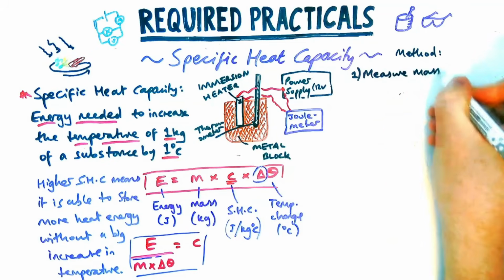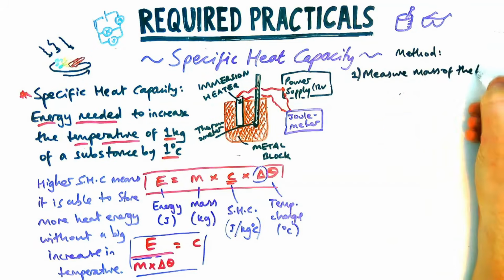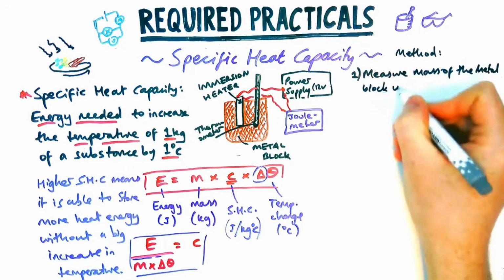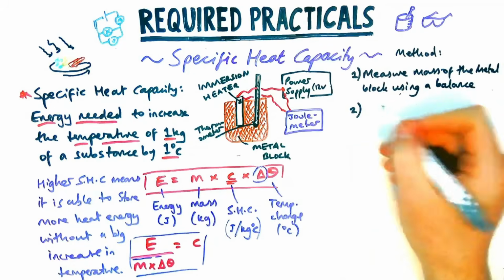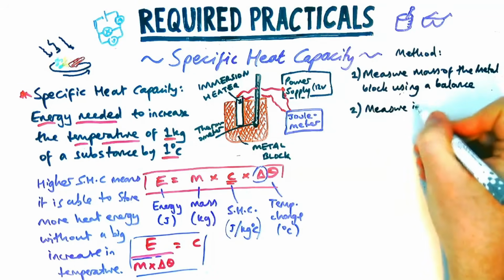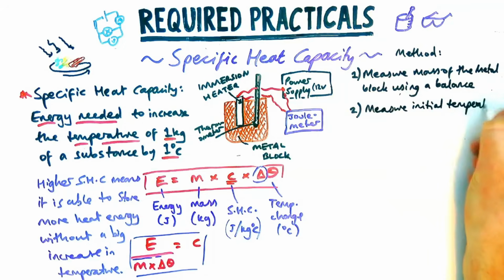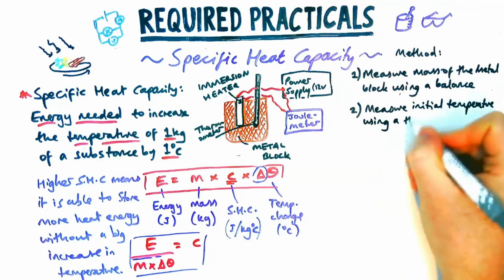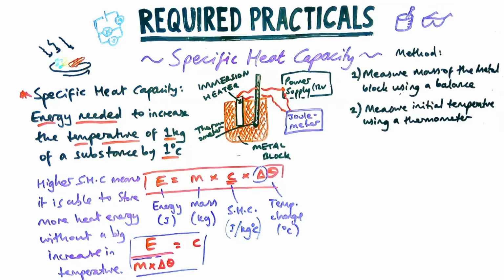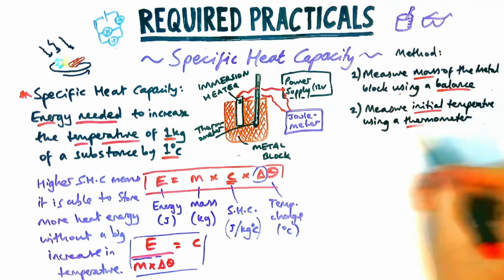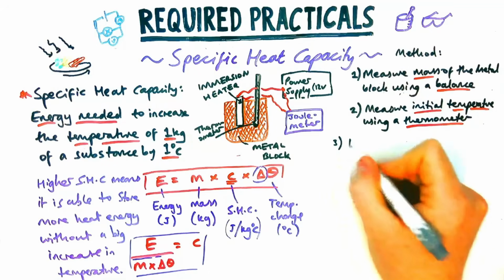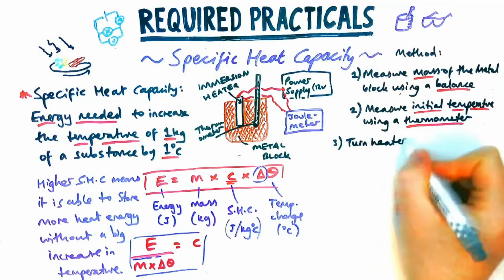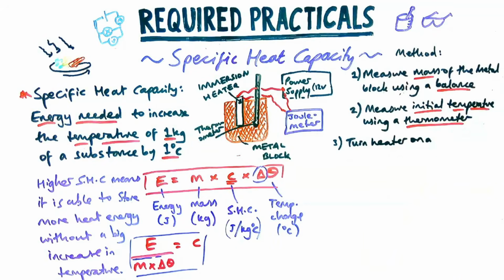So the first step, and you can keep an eye on the equation to check you're getting everything down, is to measure the mass of the metal or whatever you're using with a balance. Next step is to put your thermometer in and measure the initial temperature, and obviously write it down. Make sure you mention all your equipment here. Now the next step is when we start really switching things on and getting the practical started.